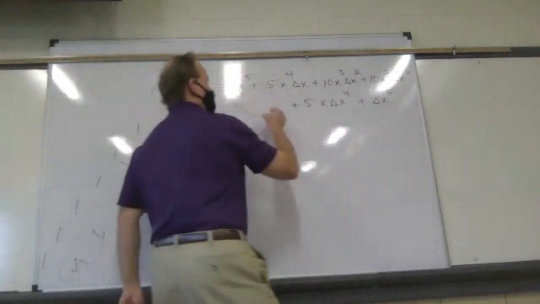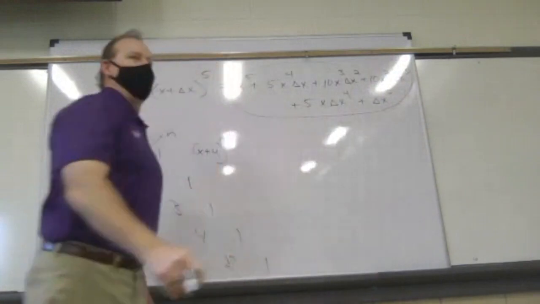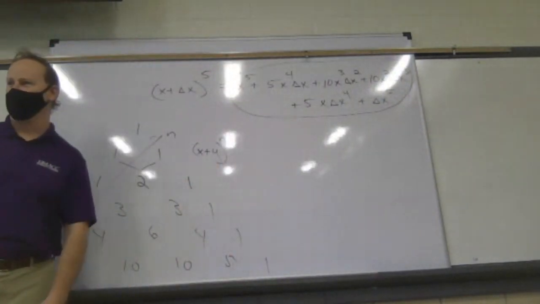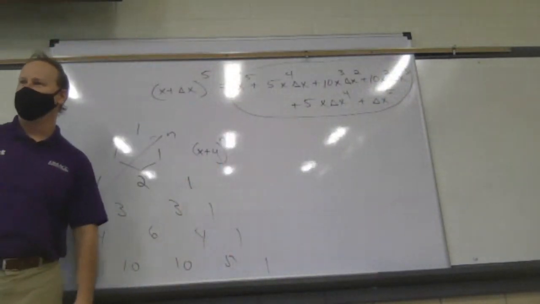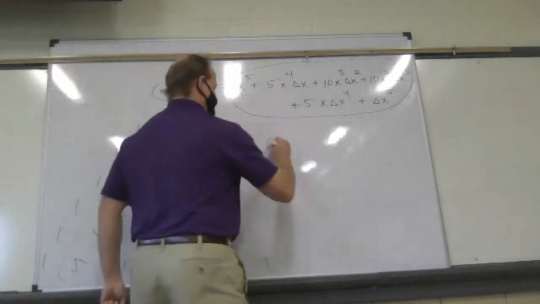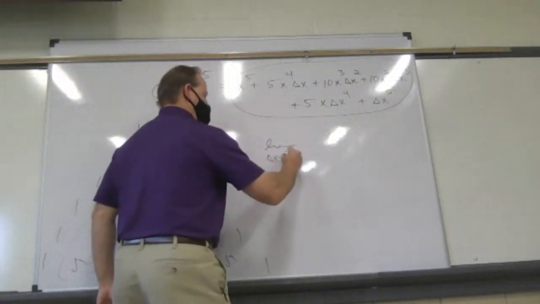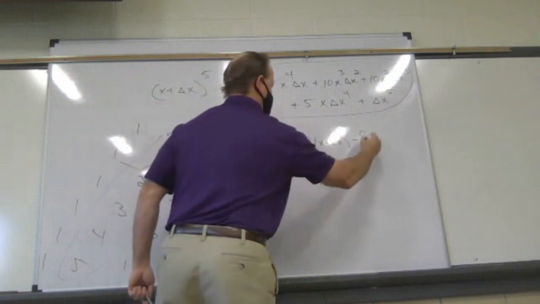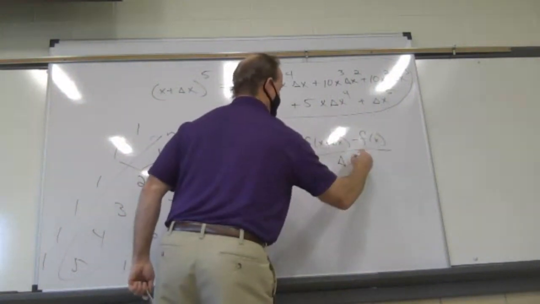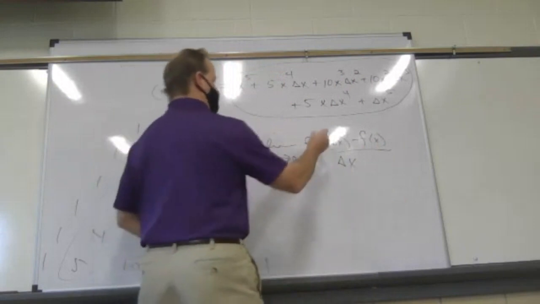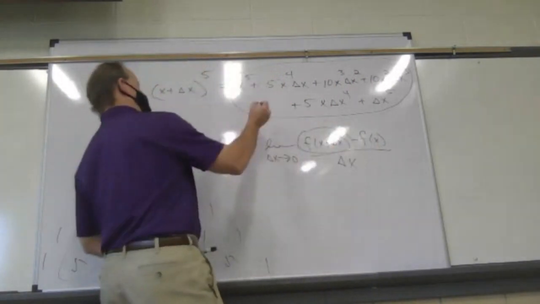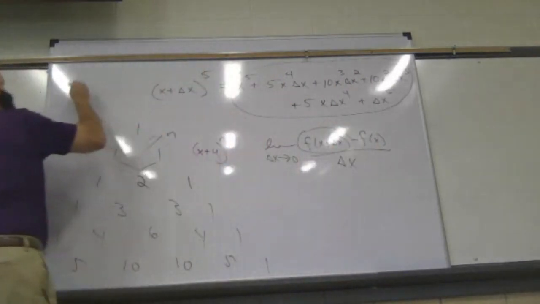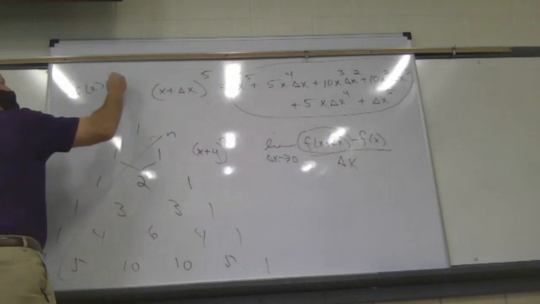So I beg to differ. You do know how to multiply that out very quickly in your head. And if I was using the limit as delta x approaches 0 of f of x plus delta x minus f of x all over delta x, what do we got? We got f of x plus delta x when we have f of x equals x to the 5th power.